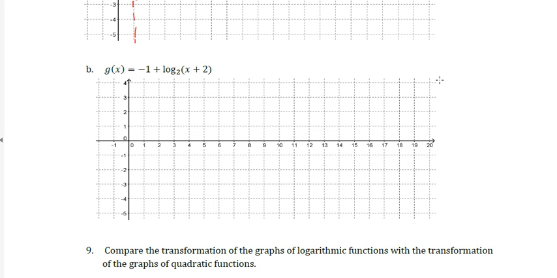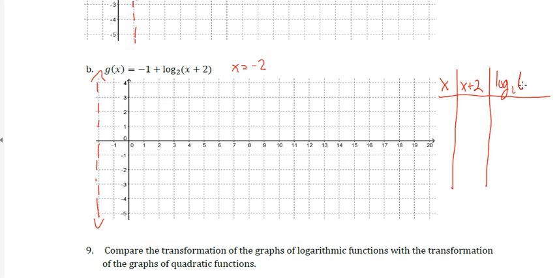They really don't give us enough room for these. Okay, so we have x plus 2, which means that my asymptote is at x equals -2. So let's draw that in. Then we have log base 2 of x plus 2.